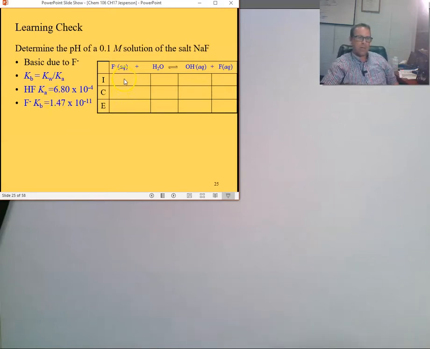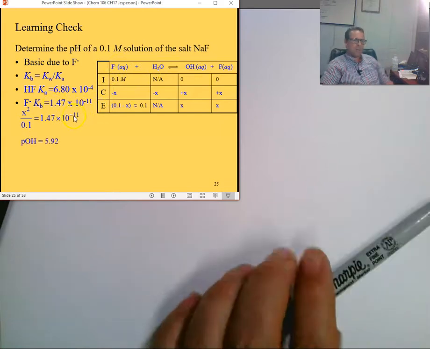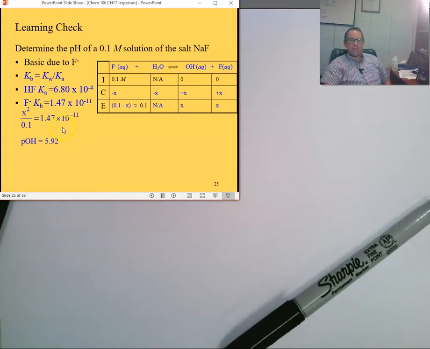And then initial concentration, 0.1, 0 and 0, minus x, x and x. And again, we knew it had to shift to the right, decreasing our reactants, increasing our products because we didn't start with any products. Equilibrium concentrations, set this up in an equilibrium statement and set it equal to the Kb, because this is the fluoride ion acting as a base, 1.47 times 10 to the minus 11, solving for x, taking the negative log of that, right?